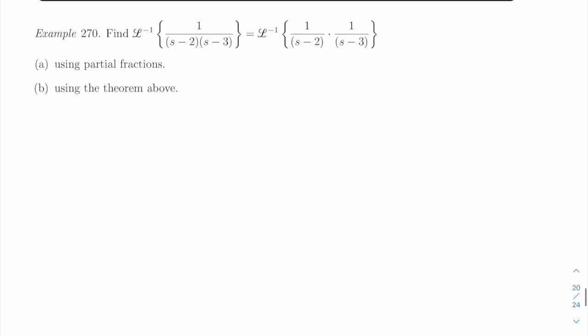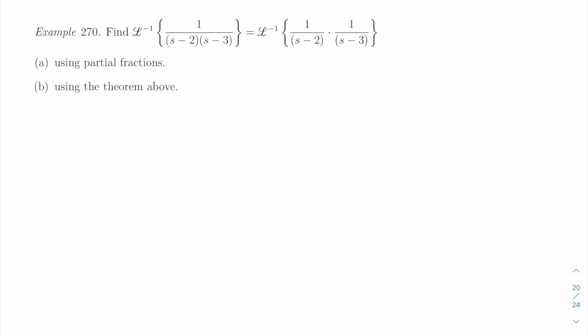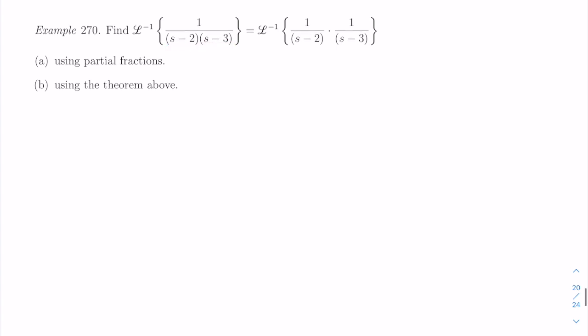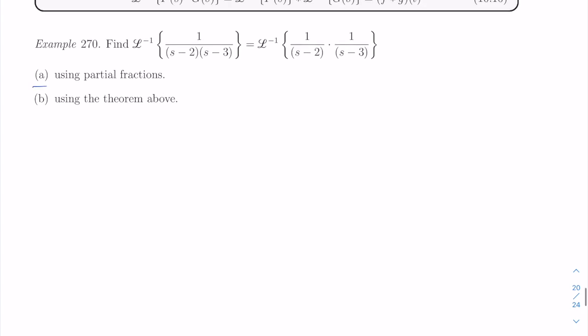Okay, so let's try an example here. Suppose that I have the inverse Laplace transform of 1 over s minus 2, s minus 3, which is the inverse Laplace transform of 1 over s minus 2 times 1 over s minus 3. Let's try this using partial fractions.